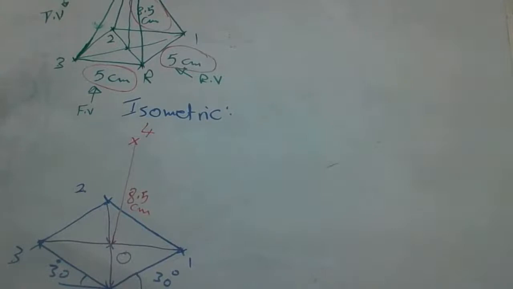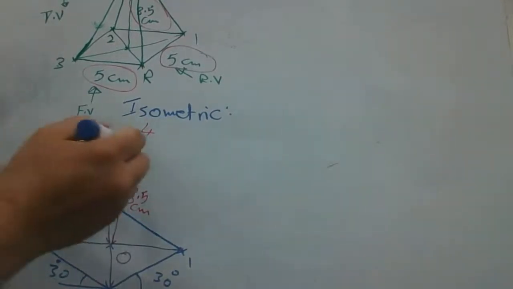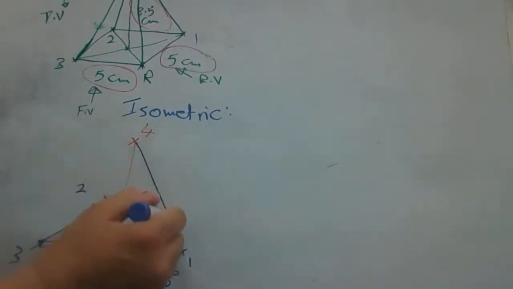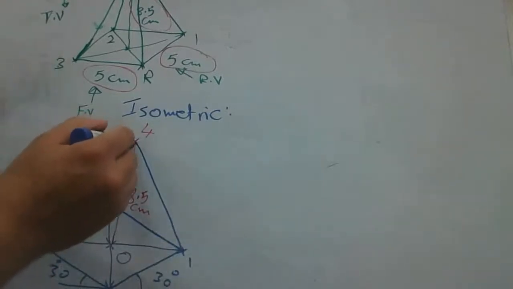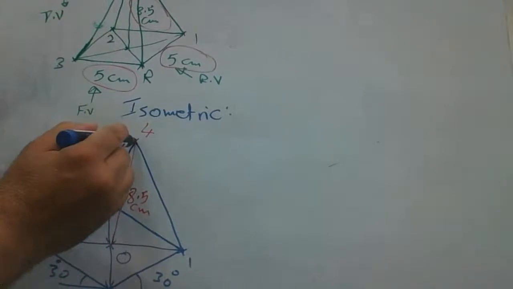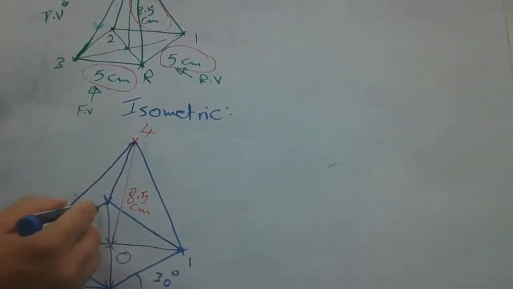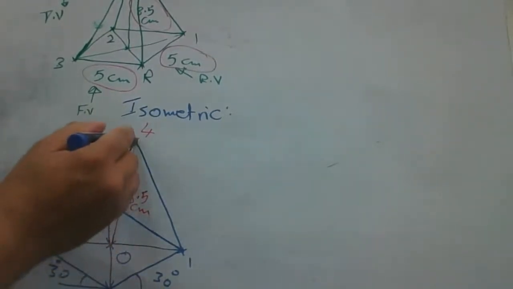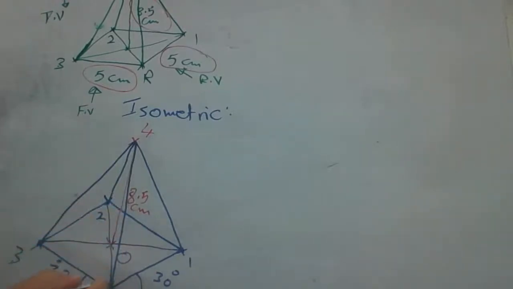Then we have to connect 4 with 1, 4 with 2, 4 with 3, and 4 with point R. This is the isometric shape of the pyramid.